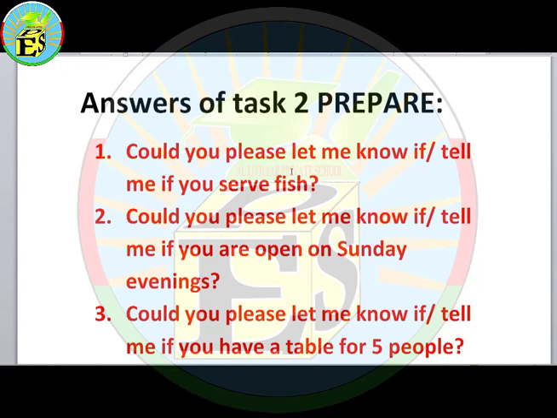So for the first one we wrote could, because this is how to write a request phrase. Could you please let me know, or could you please tell me, and then you mention the thing that you want to ask about. Please make sure to write the sentences in a correct way.